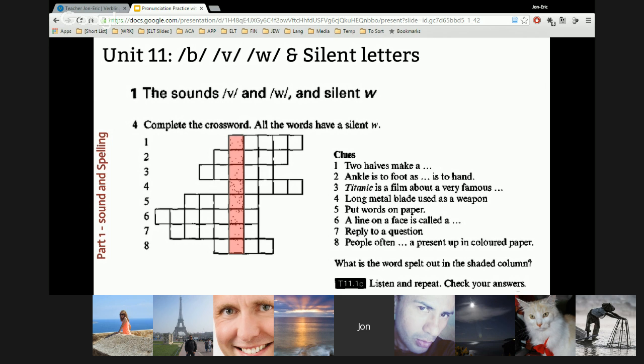How do you translate that into English? Think about it for a minute. Someone's giving you the answer, Giancarlo. Yeah, sword. Right. Sword, with a silent W. That's right. All of these words have a silent W somewhere in the word. In this case, you could spell it S-O-R-D, and it would sound precisely the same. Okay, very good.